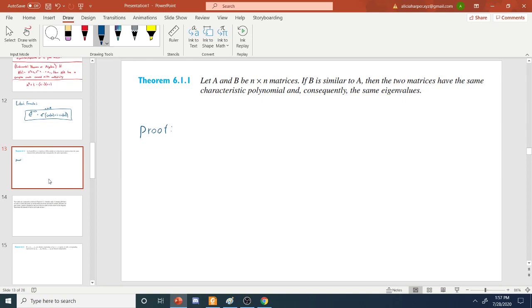So what we're going to notice is that the determinant of A minus lambda I_n is the same thing as... actually, hold on, before I do this, let's note that because A and B are similar, we have that B is equal to S times A times S inverse.